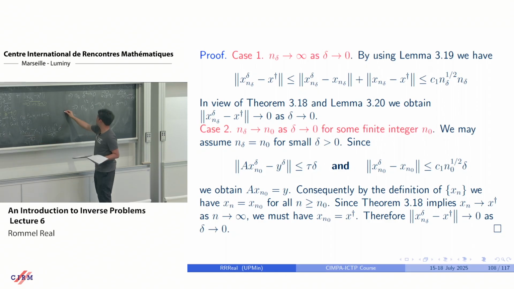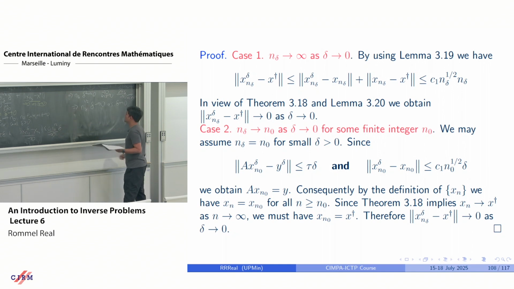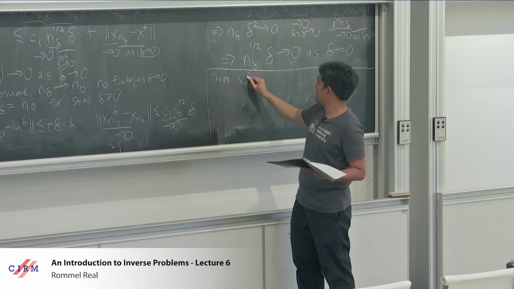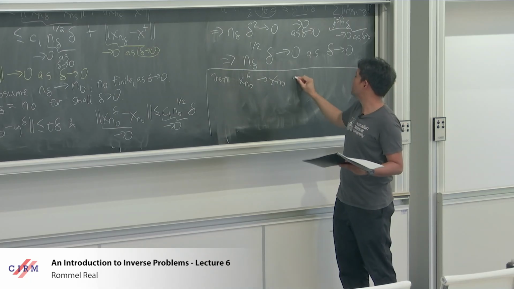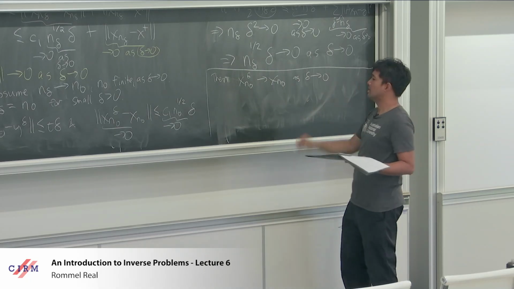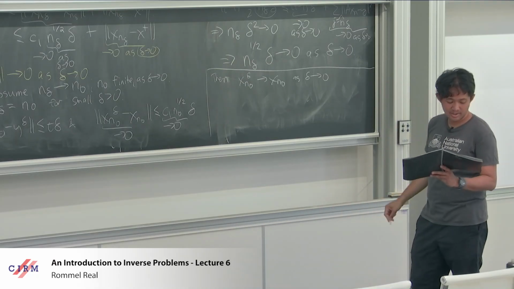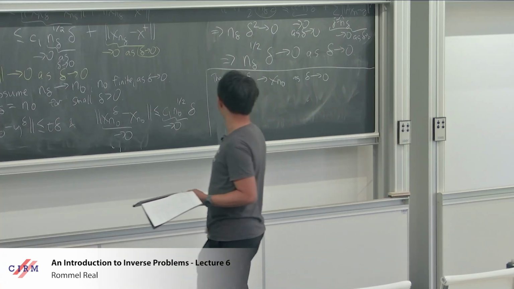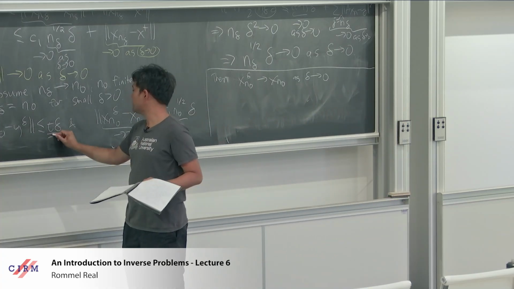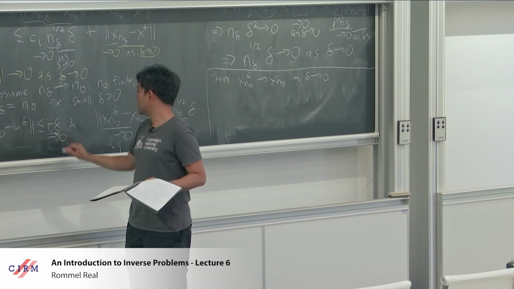So that means x sub n sub O delta converges to x sub n O. And also, for the discrepancy principle, this one goes to 0 as delta goes to 0.